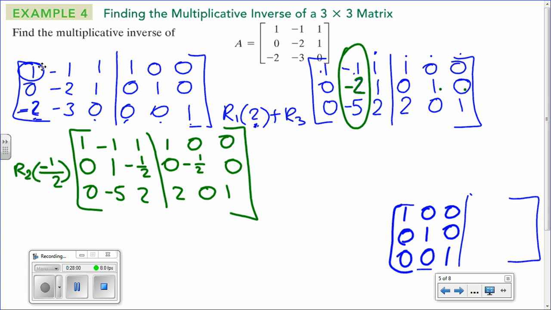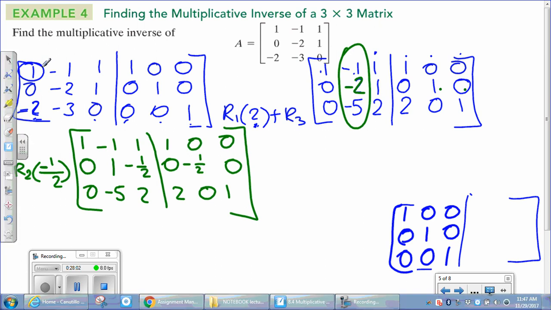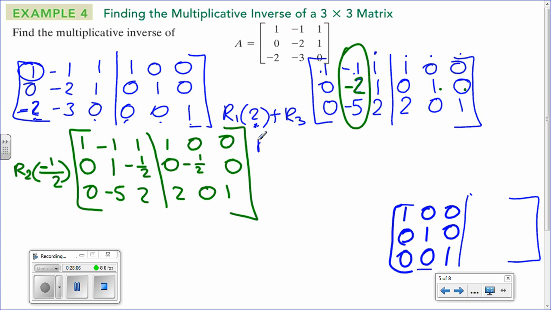Okay, next. We have the 1. What do we need to do? Now our leading row is R2, because that's the one with the leading 1. Okay, so with R2, we need to make this negative 1 a 0.